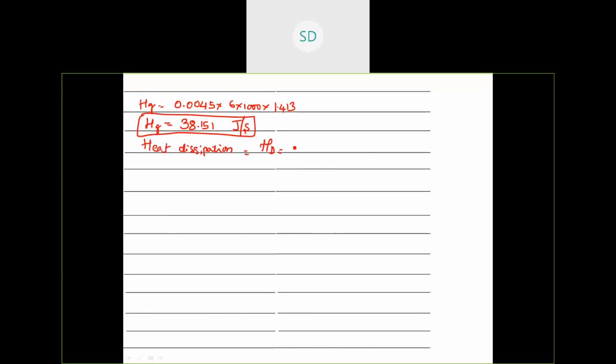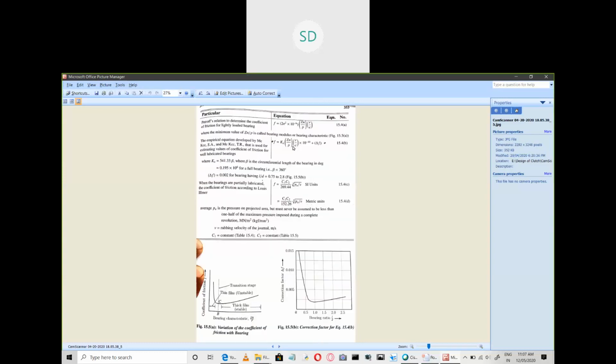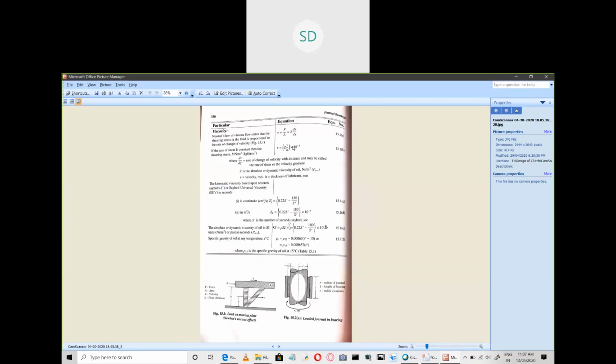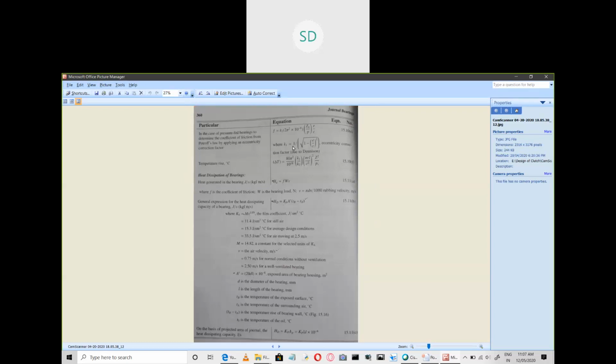So for heat dissipation, again go back to the data book. Heat dissipation is equation number 15.11b.